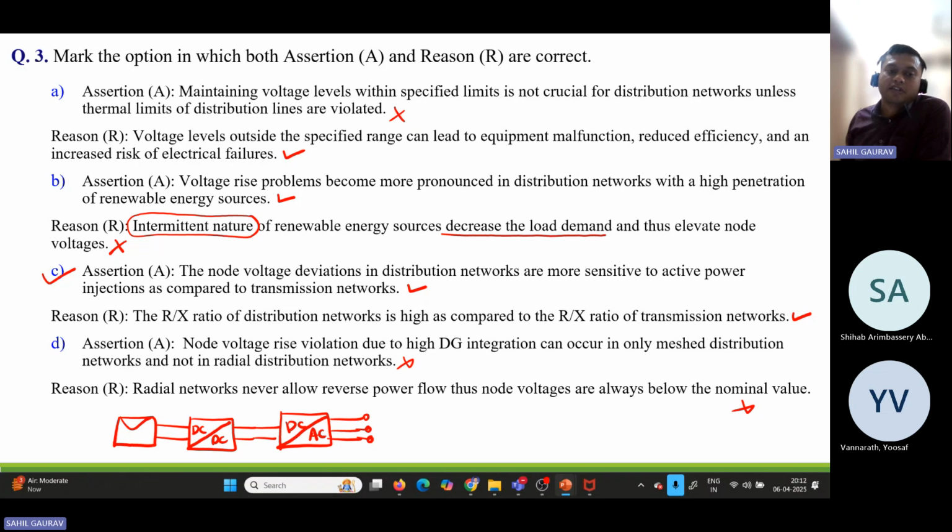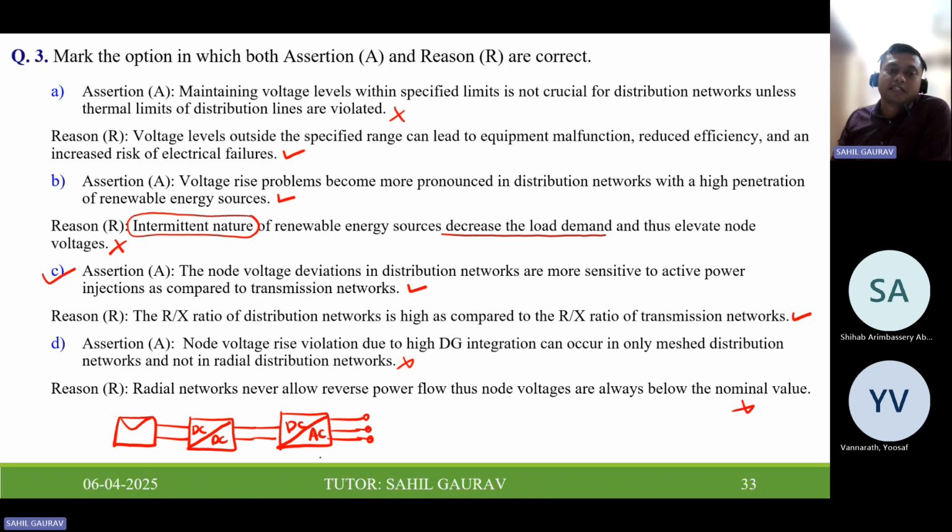Yes, because that's why we say that due to integration of DG we can have improved power quality also, because due to DG we can vary the voltage level, we can inject some harmonics also due to this inverter, right? Yes, yes.